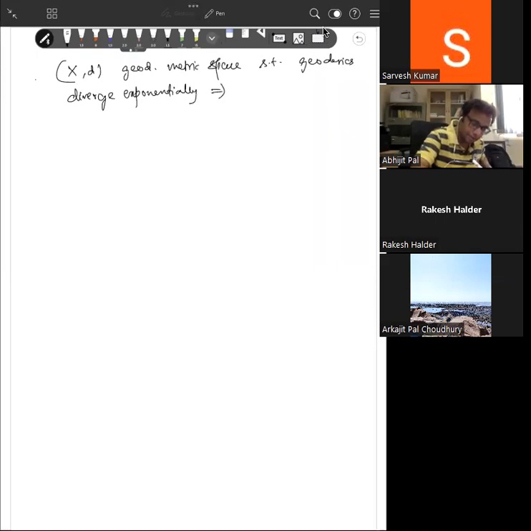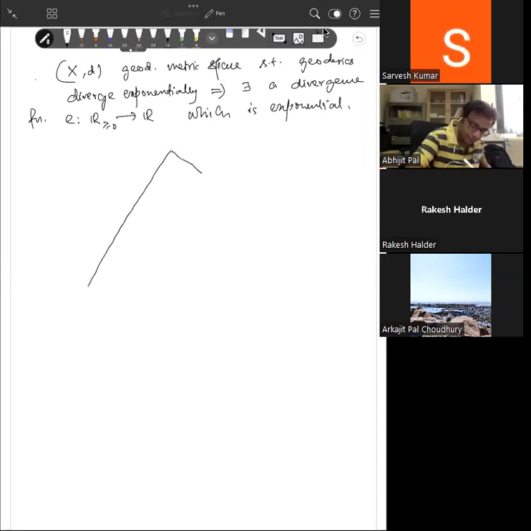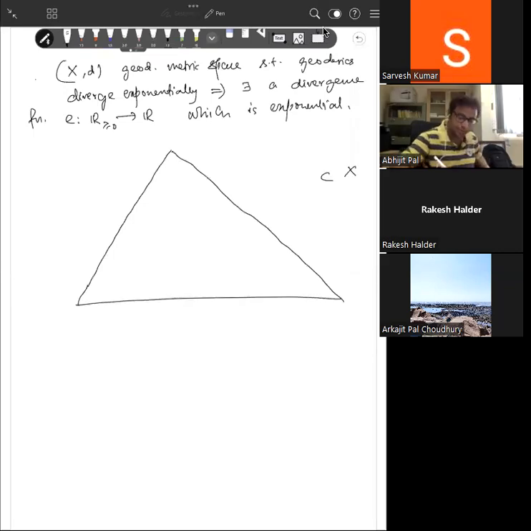Okay, so this implies there exists a divergence function on X which is exponential. So the idea is the following: you take a triangle in this metric space X.